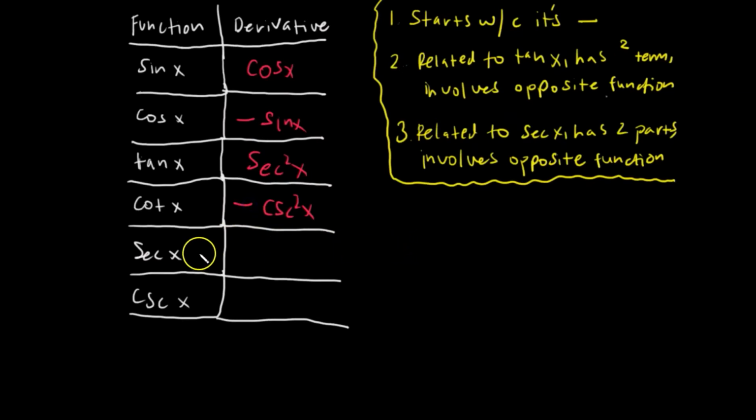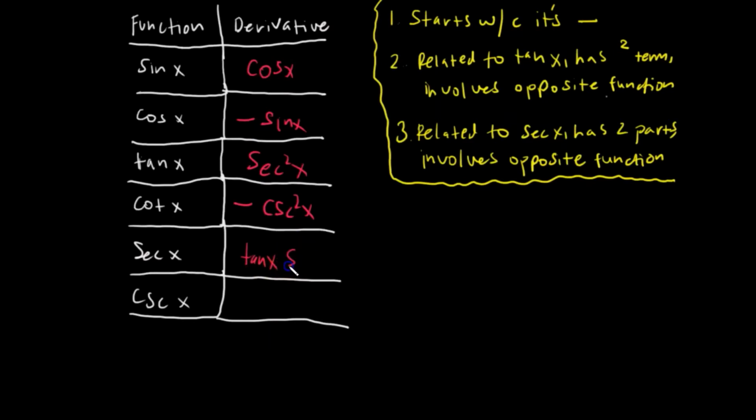Moving on. Secant x. What about secant x? It doesn't fit either of these two rules, but it fits the last rule. So it has two parts and involves the opposite function. So anything related to secant has two parts instead of a squared term. So it involves the opposite function, so tangent x, and it has two parts, but if it involved the opposite function again, it would have a squared term, tangent squared x, right?